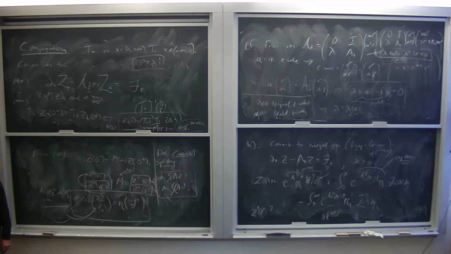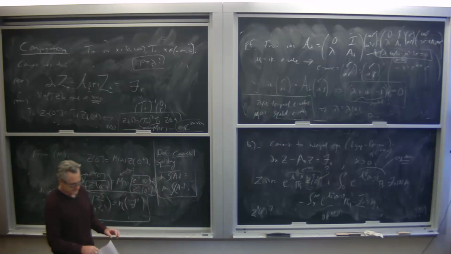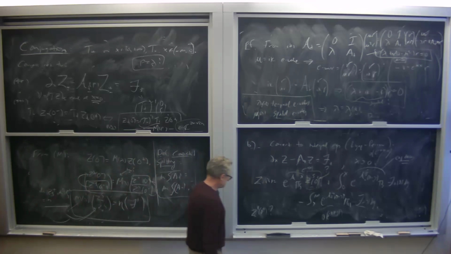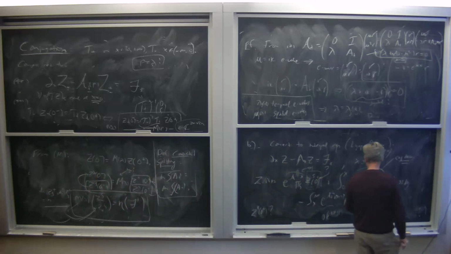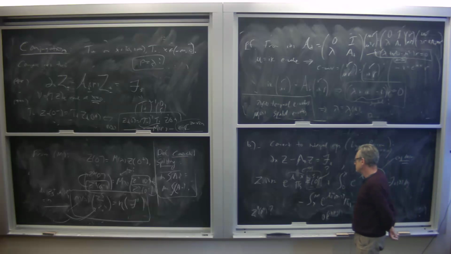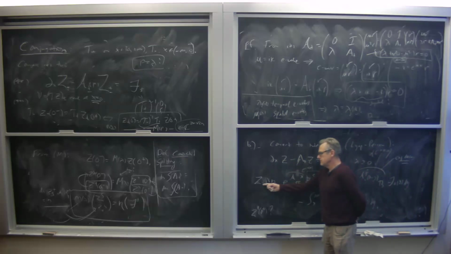Then, the big expression. On the left, it's expressed only in terms of z stable. No, this is both. This is both stable and unstable. This is both together.